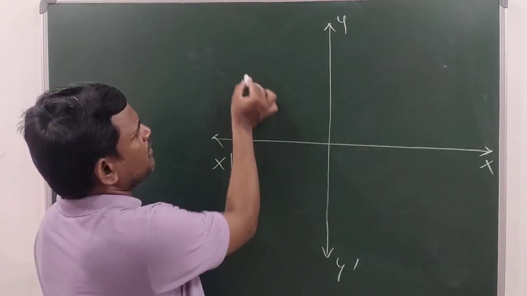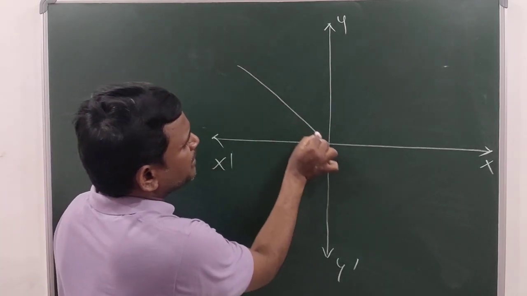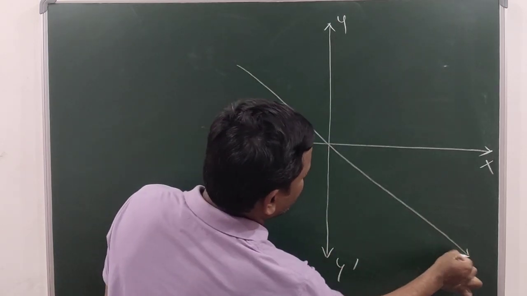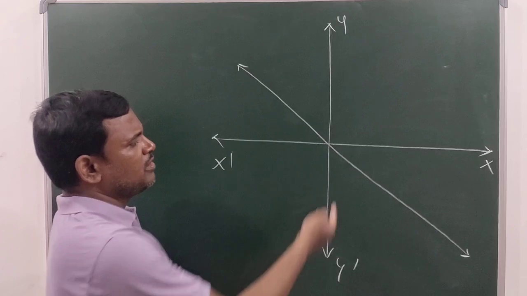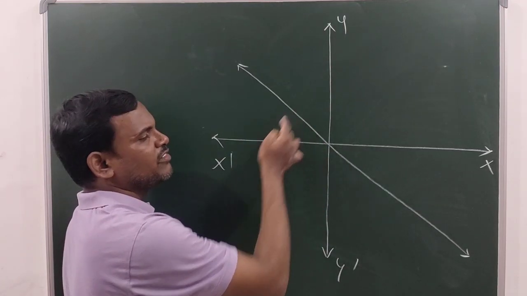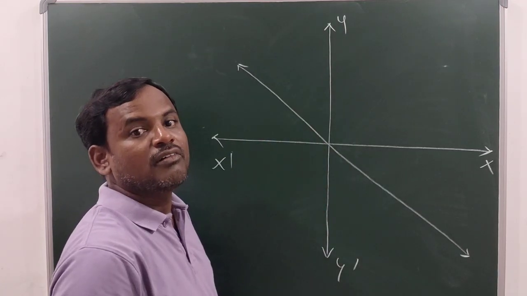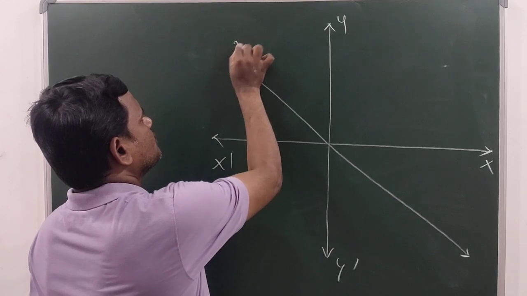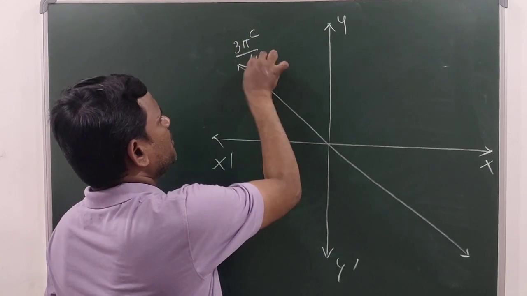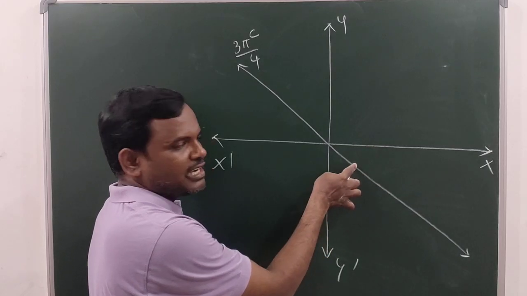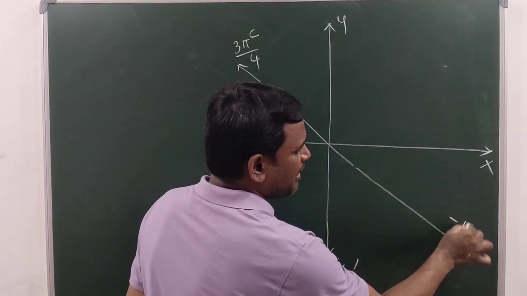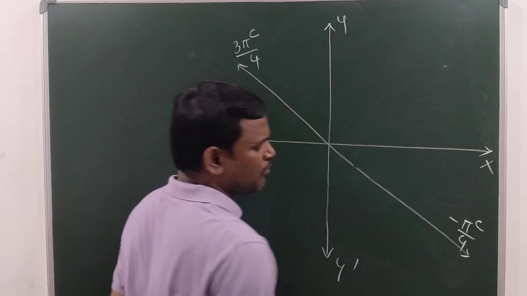Now here take the angular bisector for the second quadrant and fourth quadrant. Okay, so measure this angle, it will be 135 degrees. So write this as 3 pi radians by 4. Now you know, measure this angle, you will get minus pi radians by 4.